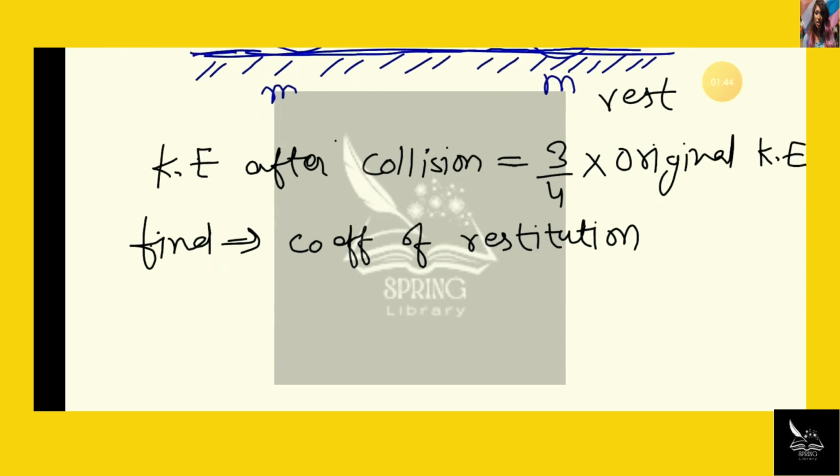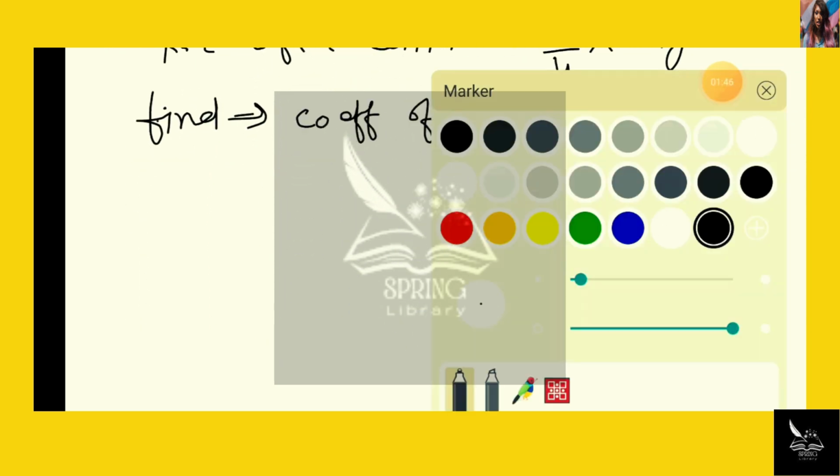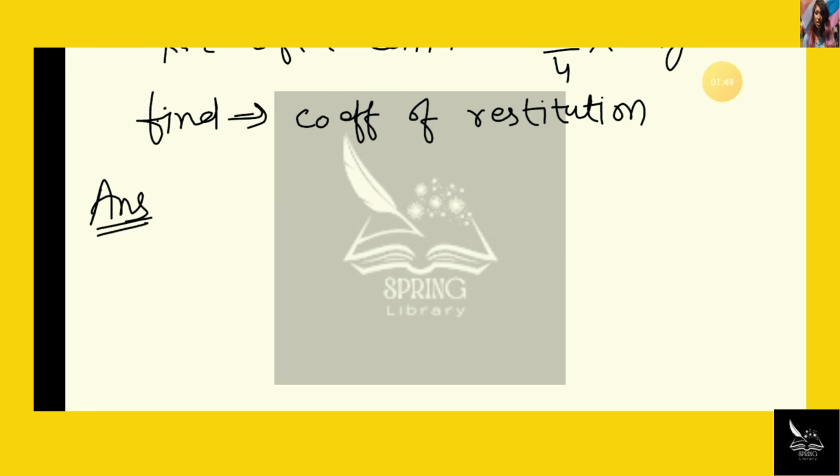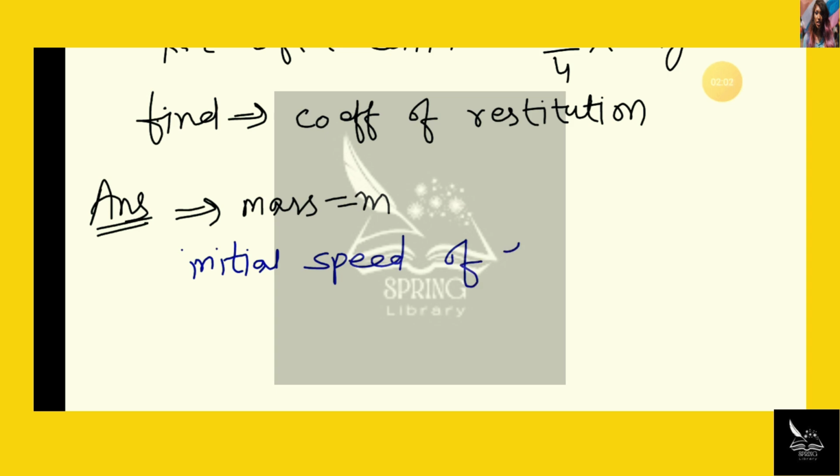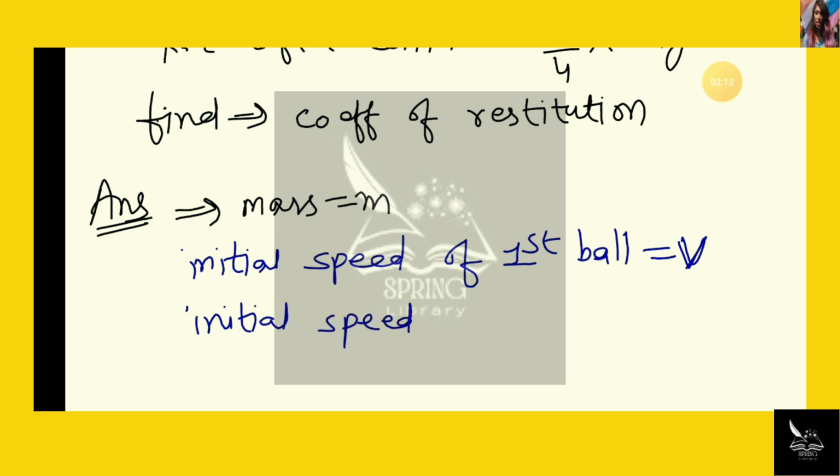So in the answer I can say that the mass of both balls is equal to m, and the initial speed of first ball will be, as given in the question, v, and the initial speed for second ball will be written as equal to 0, because the second ball is initially at rest.